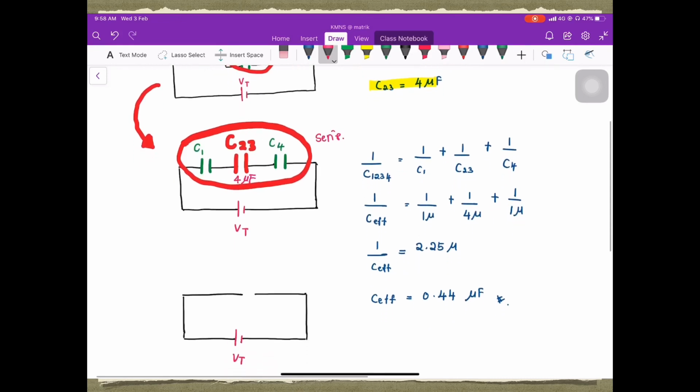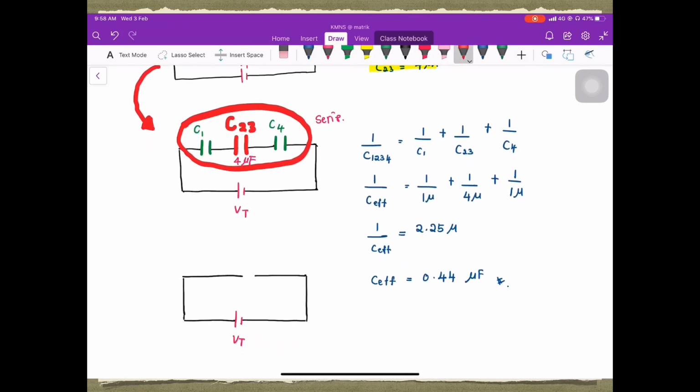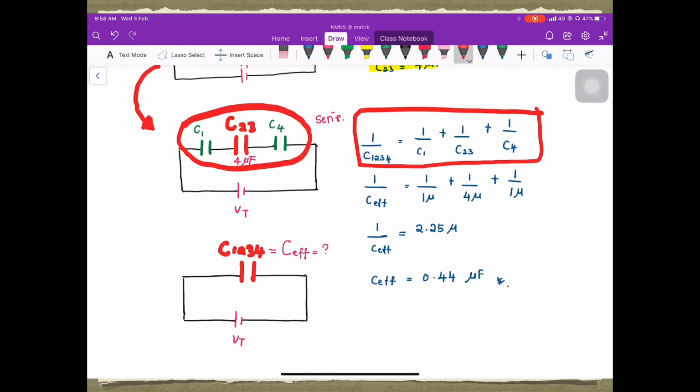So when we draw a new diagram, we will get the combination of C1, C23, and C4, or we can write it as C effective. So how to calculate this combination? We use series. Okay, so final answer 0.44 microfarad.